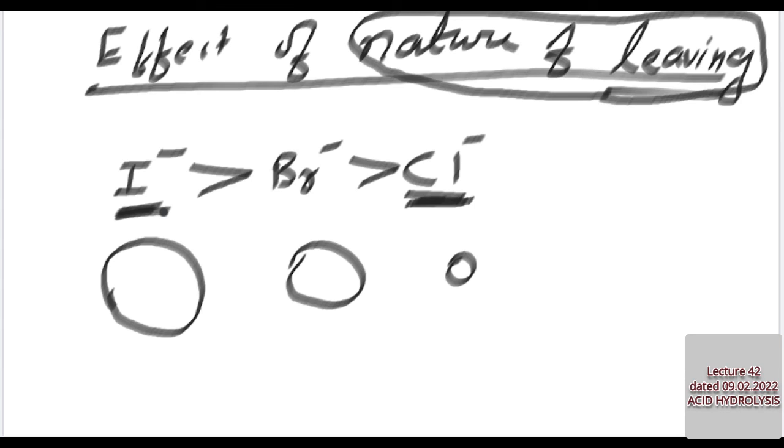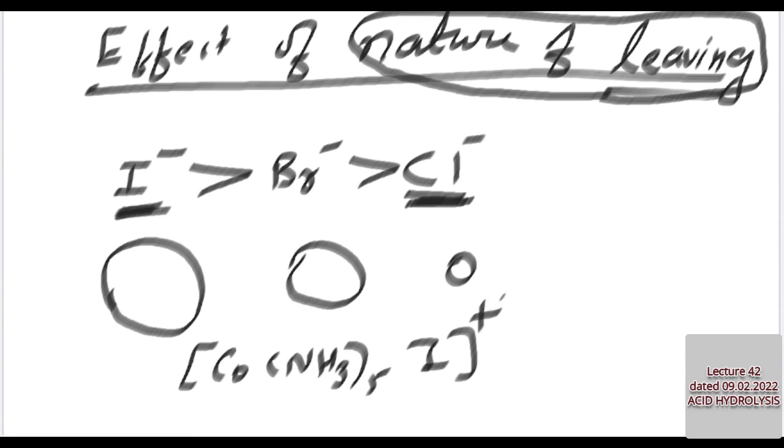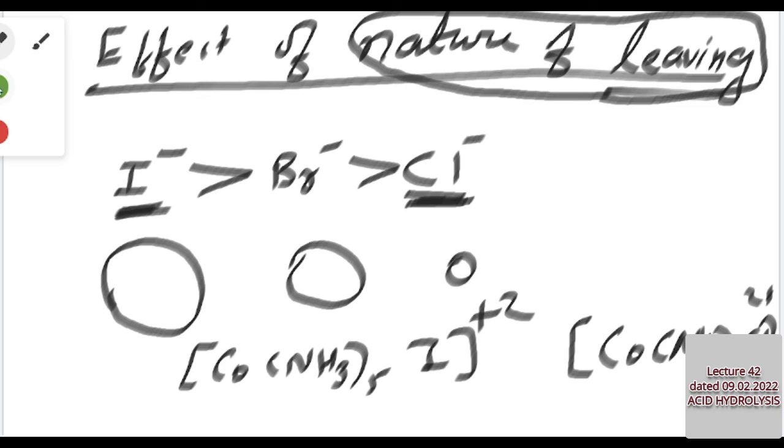Iodide is a weak ligand, so easy removal will be there. Suppose I consider the complex [Co(NH3)5I]2+, of course with charge plus 2, as one complex, and [Co(NH3)5Cl]2+. Here removal of whom do I have to do? Iodide. Here removal of whom? Chloride. What is easy? Removal of iodide is easy because it is weak.